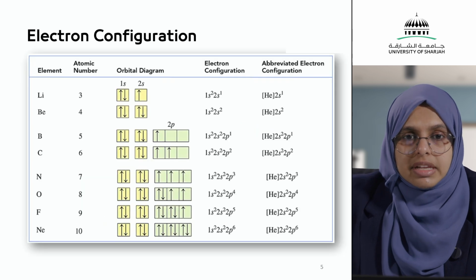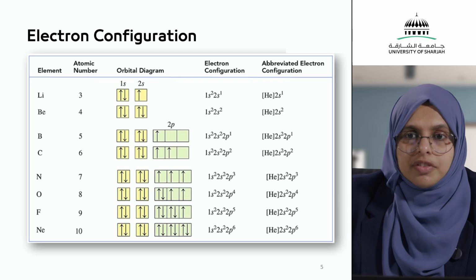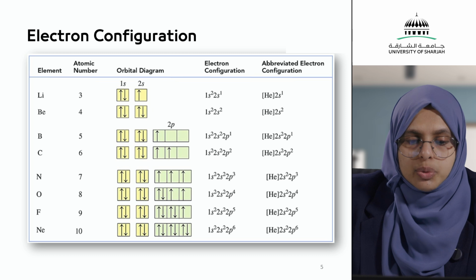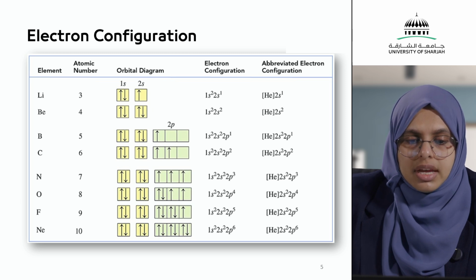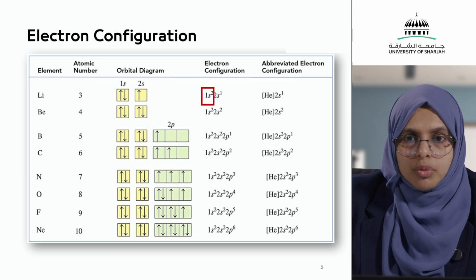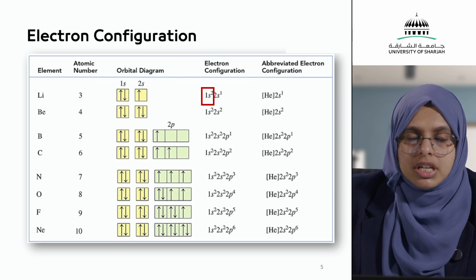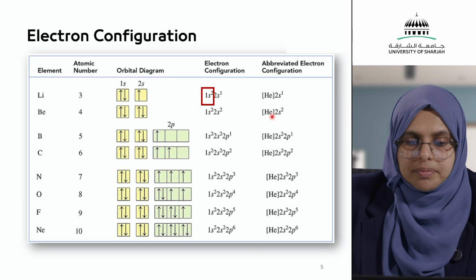Here we can see some examples of elements, their orbital diagrams, electronic configurations and abbreviated electronic configurations. First, lithium: the electronic configuration is 1s2, 2s1. 1s2 is the electronic configuration of the noble gas helium, hence we can write the abbreviated electronic configuration as helium 2s1.